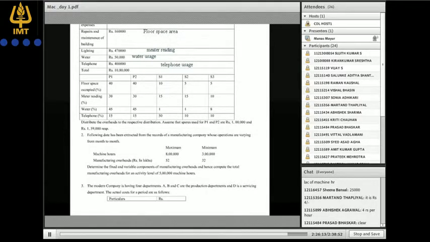So you see, you are moving from 3 lakh to 8 lakh, right? And for that, the change in cost is 52 minus 32.